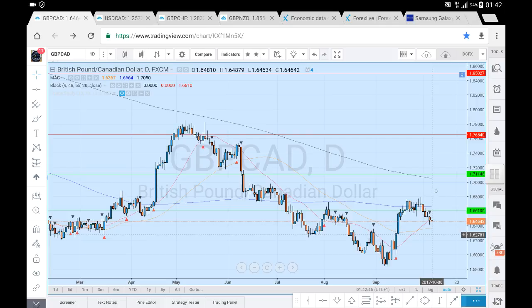That is an area where the 200 period moving average will cross this longer term moving average here and provide support for higher prices, especially on the daily time frame. But I'm going to just take the signal as it is.